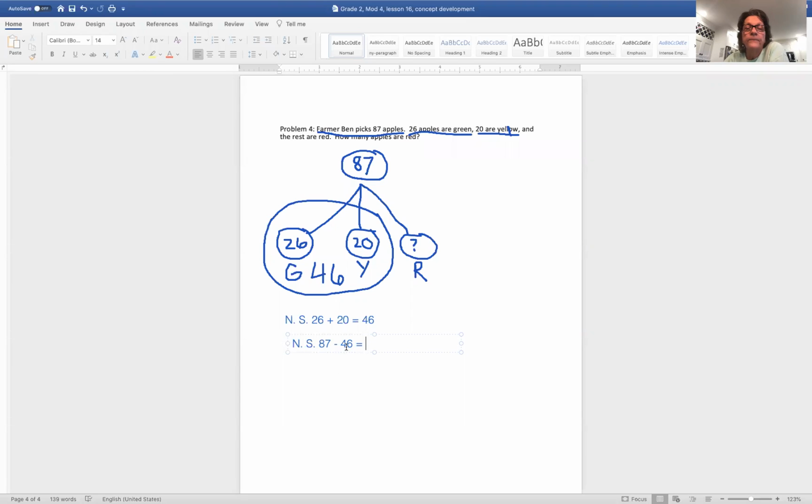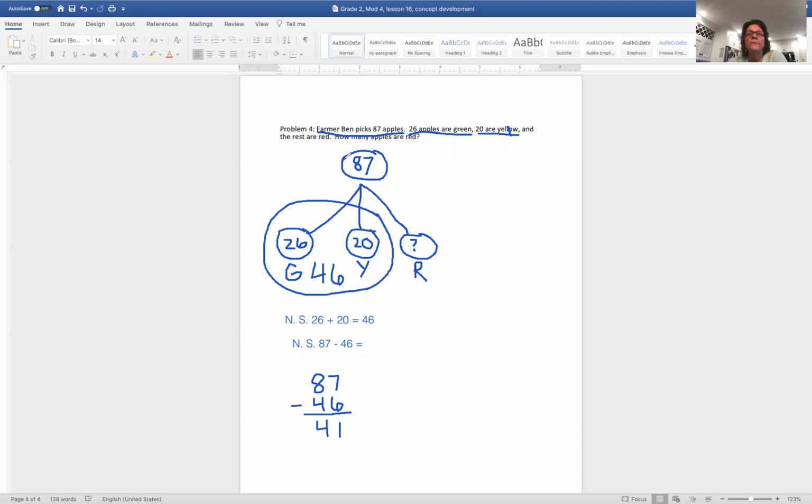Okay, now, again, I do not have to unbundle here, but if you're more comfortable, please go ahead and draw your algorithm to do that math. So I'll give you a minute to do that. Remember to line your numbers up based on place value. Okay, because there was no unbundling or regrouping here, this one was pretty easy. Our total is 41.